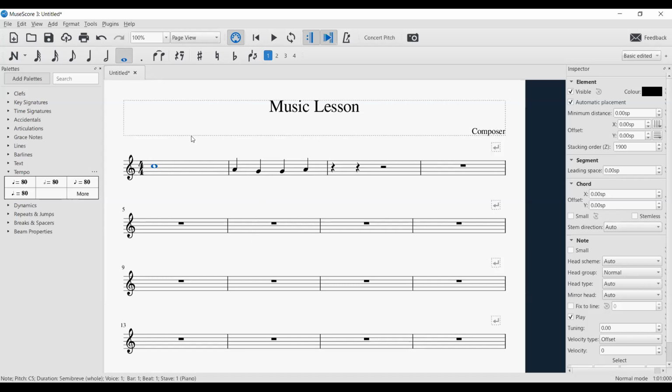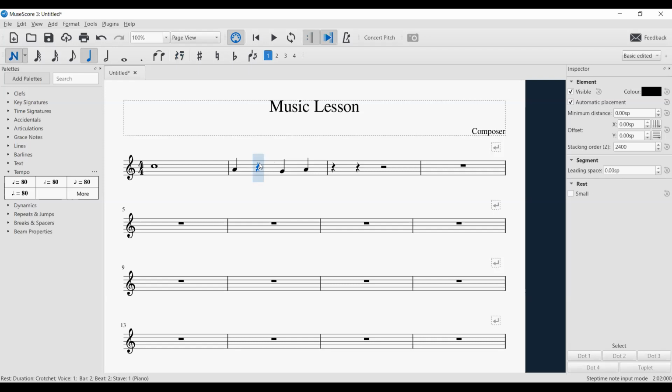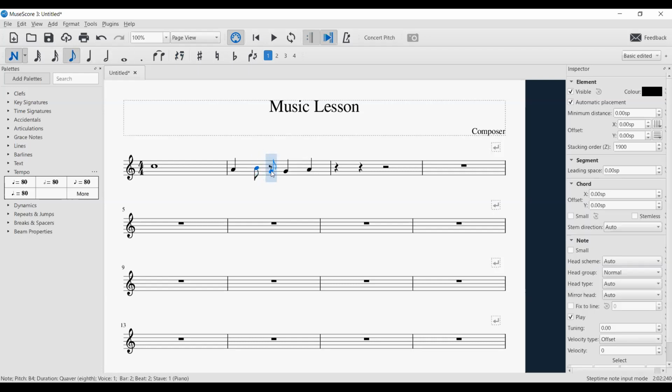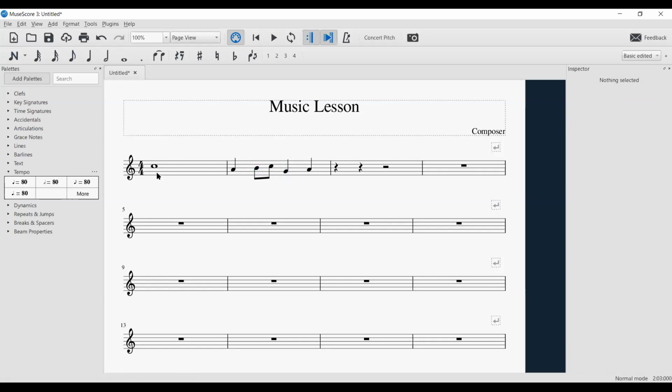So let's put a quaver in here and say that we want to have a quaver over there and there. So we will have the same.